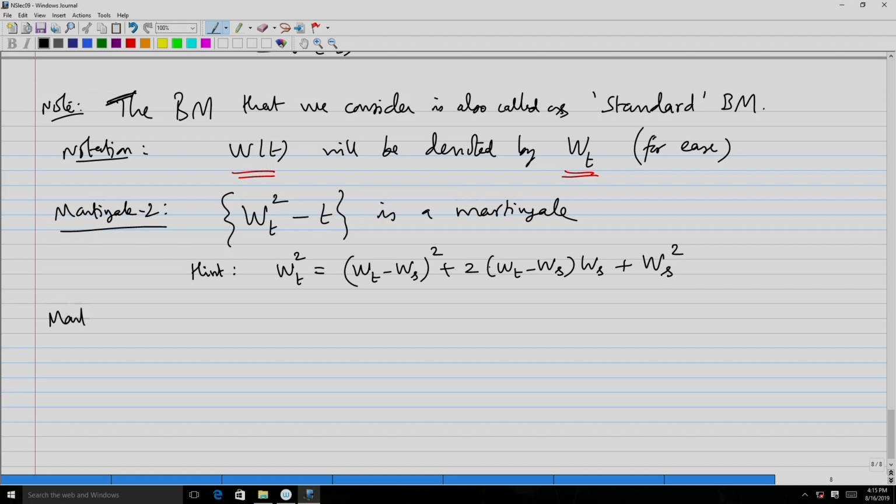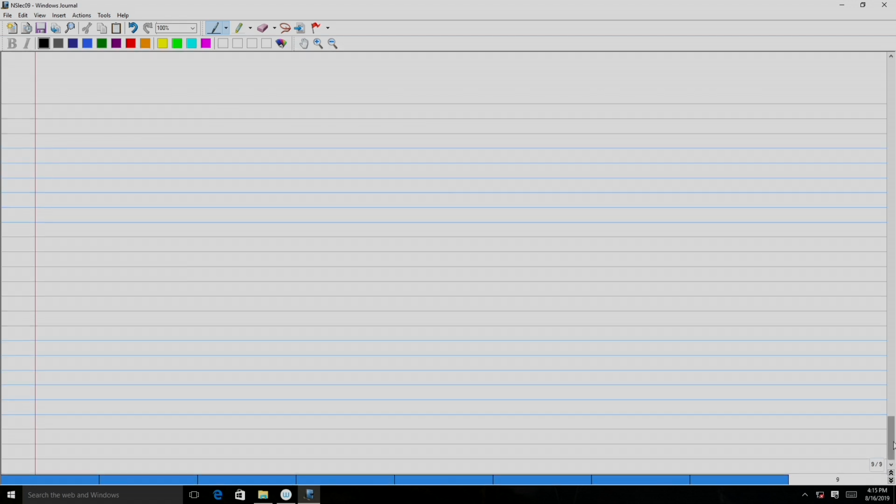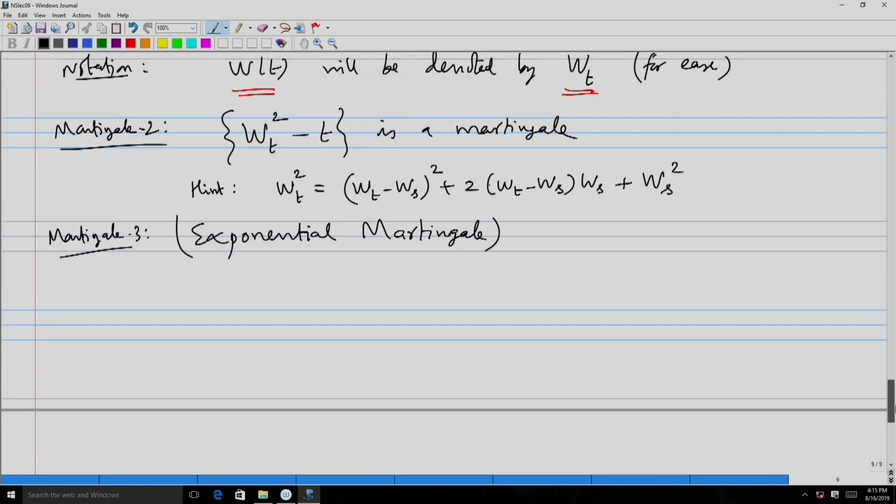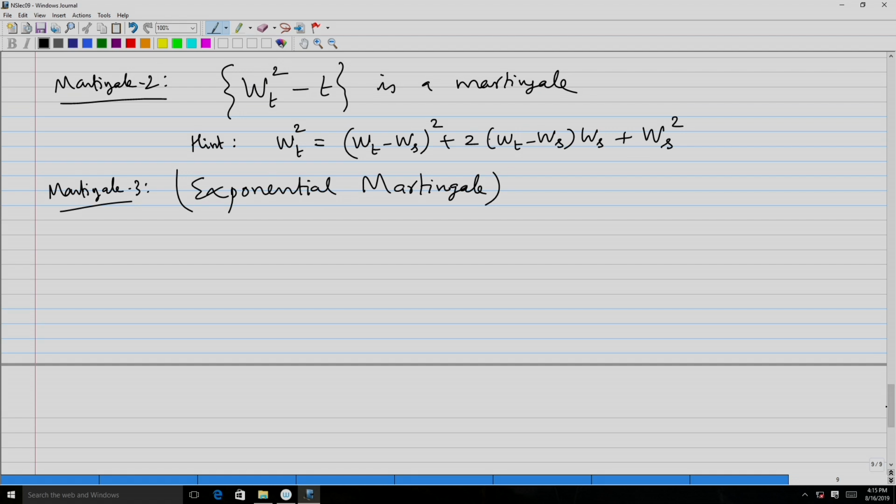The other martingale, martingale 3, is also known as the exponential martingale. A form of this you have already seen earlier, right. This is one martingale.